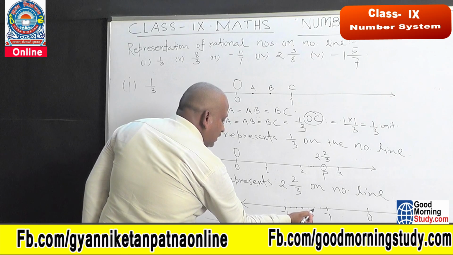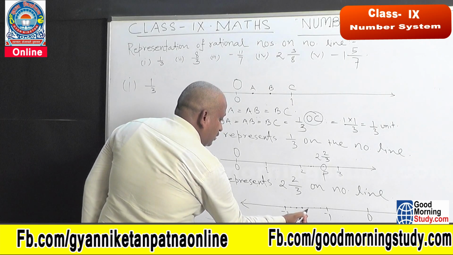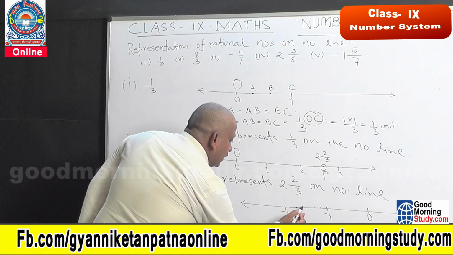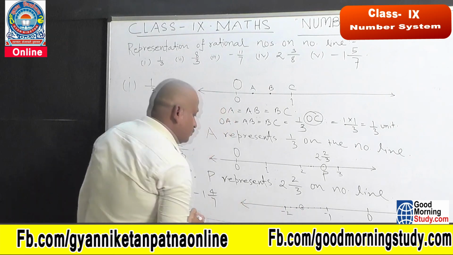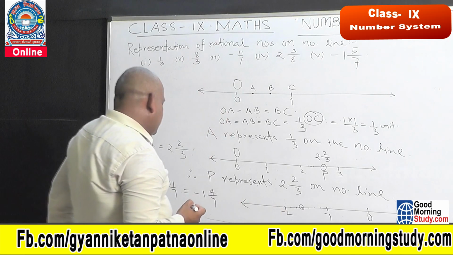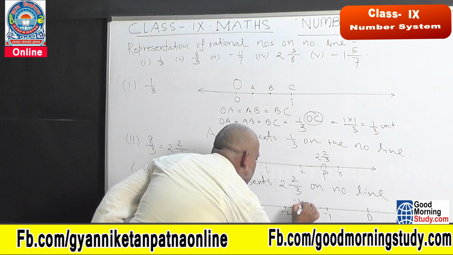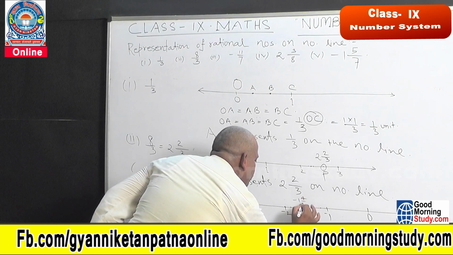This second division will be minus 1 whole 2 by 7. This third division will be minus 1 whole 3 by 7. And this fourth division, you put a small circle. This will represent minus 1 whole 4 by 7.